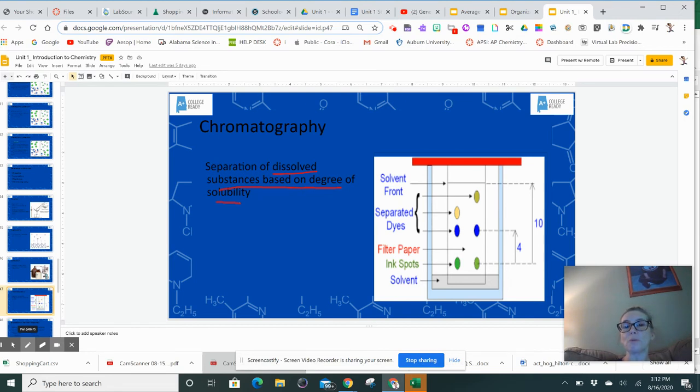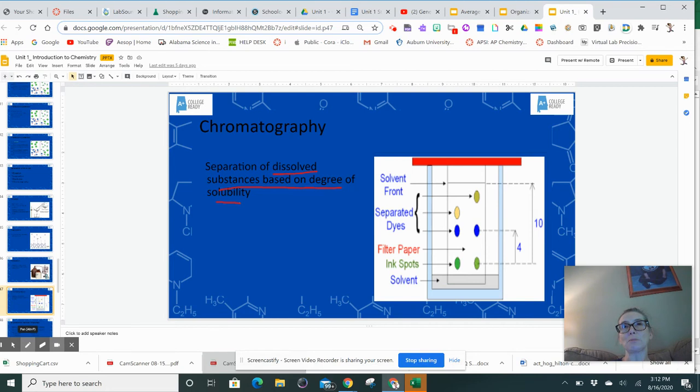We mix all those colors together in a liquid, and that forms our ink. If we want to know exactly what dye is in there, we put a spot on some filter paper, and that paper then absorbs a solvent.